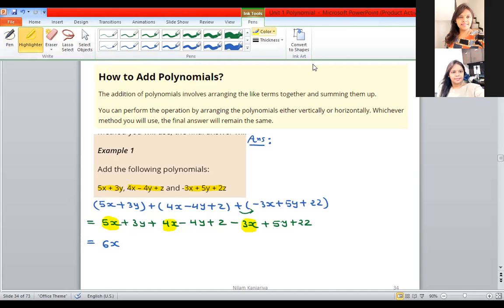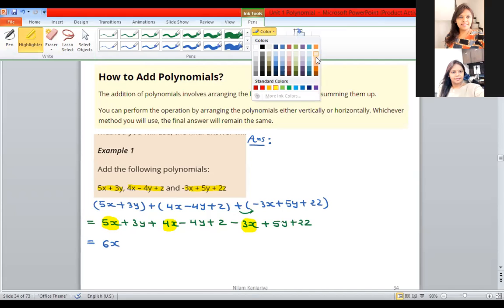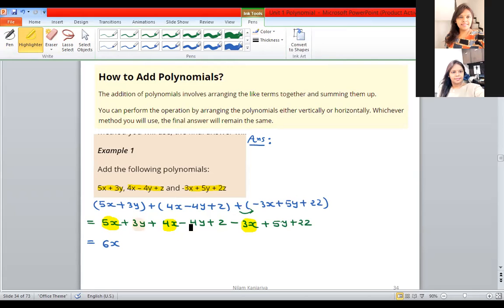Again, check another like term whose variables are the same. So take 3y minus 4y and 5y. 3 minus 4 is minus 1, minus 1 plus 5 is 4. So this gives you 4y. What about z here? The two remaining terms have the same variable, and that variable is z.